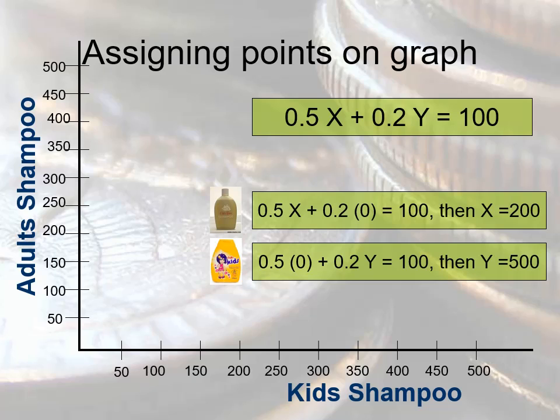If we assume that we are producing all of the units in the back molding section with kids shampoo only, we will replace the x adult shampoo with 0, so 0.5 multiplied by 0 plus 0.2 multiplied by y equal to 100. Solving this equation will result in y equal to 500. So the maximum production of kids shampoo related to the back molding section is 500.